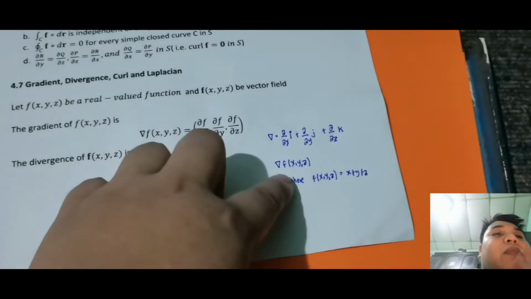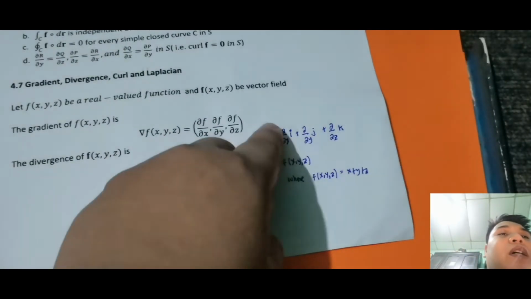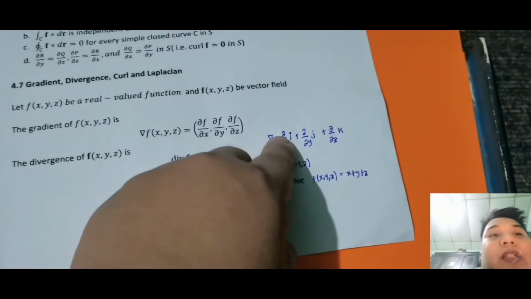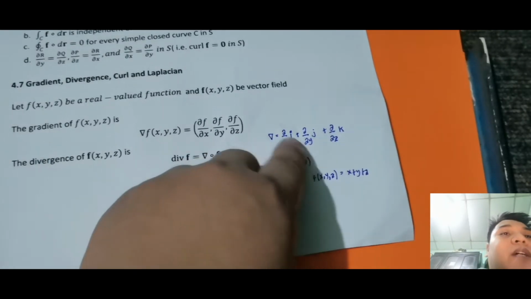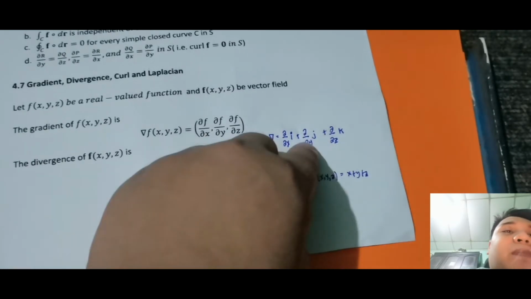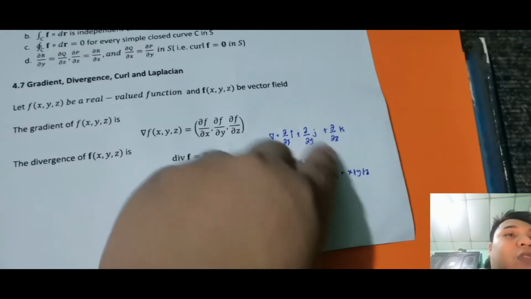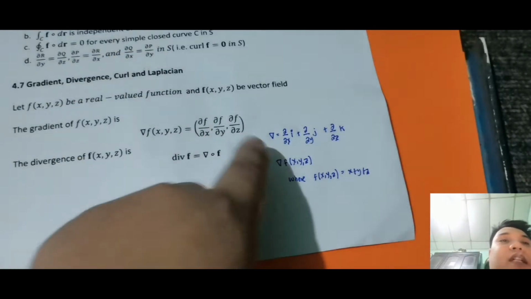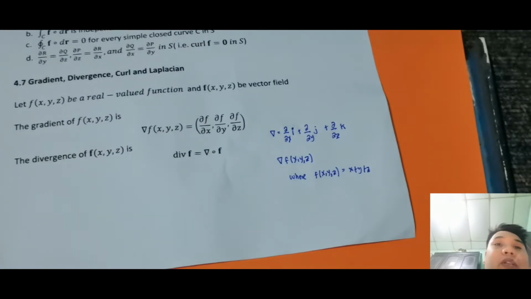So pag kinuha ko yung del of f, ang mangyari, apply ko lang. So una, partial derivative with respect sa x nung x plus y plus z, which is 1 times i, so that is 1i, plus partial derivative nung x plus y plus z with respect sa y, the j, so that is 1, and so on. Ganun yung mangyari dyan. Okay, so tandaan nyo na, yun yung del, tawag dyan operator, del operator.